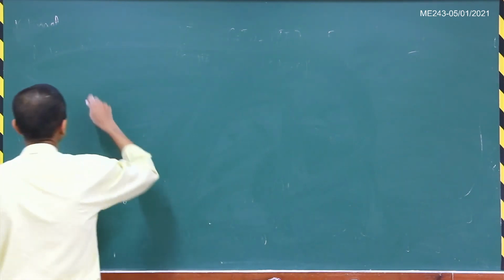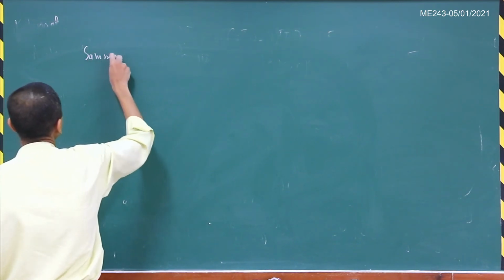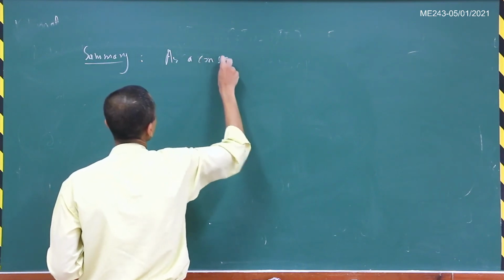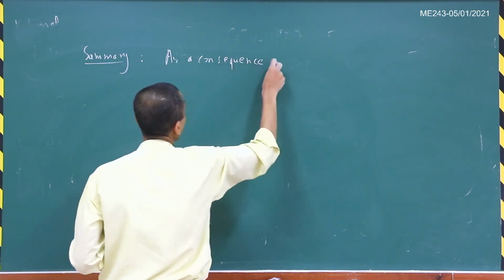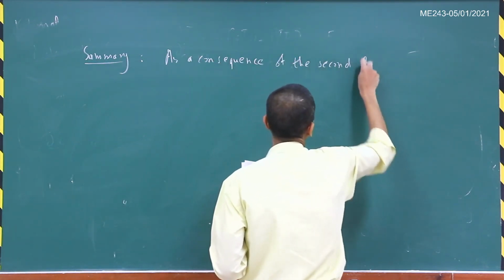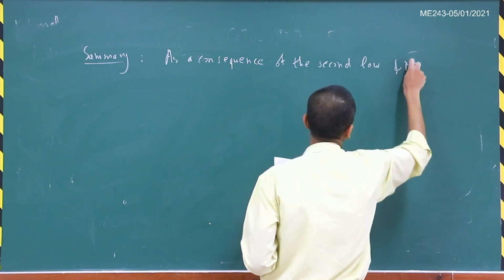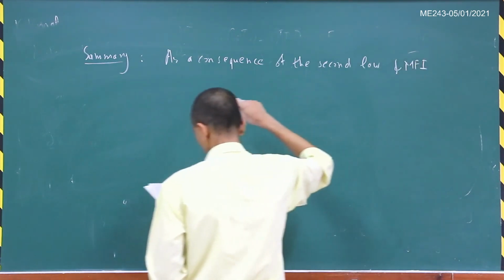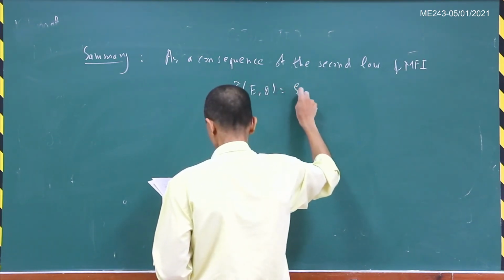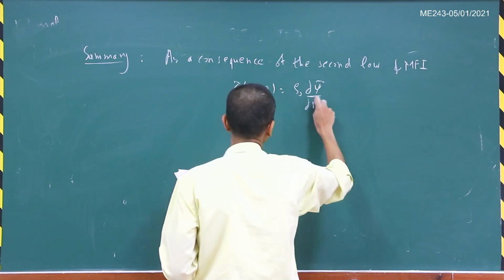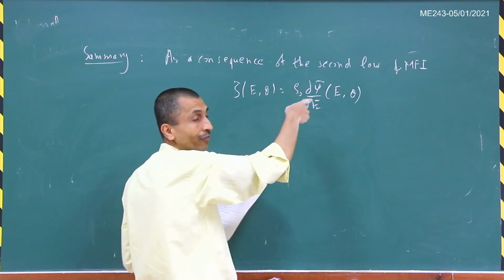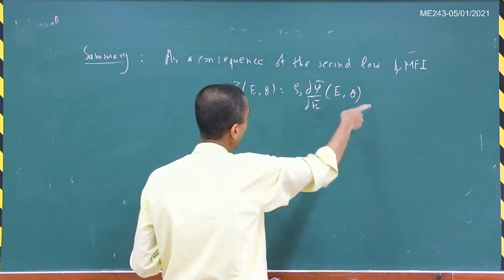The summary is that as a consequence of the second law and MFI, we now have that S tilde of E theta is equal to rho naught del xi tilde by del E. This is a function of E comma theta. So it is not a function of the temperature gradient. That is one main thing here.